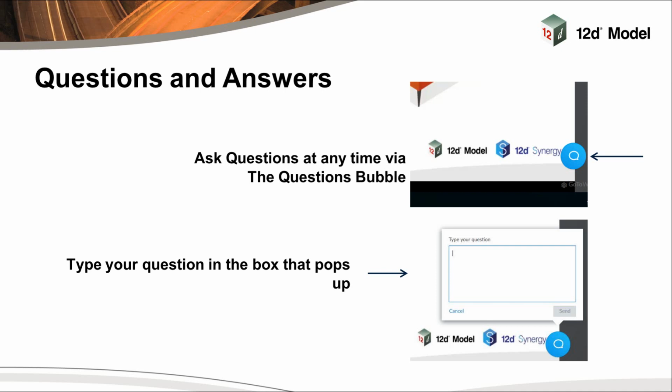But when you do produce the PDF file, all of the plan PDFs inside 12D now, when you plot them out, are geo-referenced. So you could even open that PDF file in a PDF editor or PDF viewer, and you would be able to see the correct spatial coordinates in them.